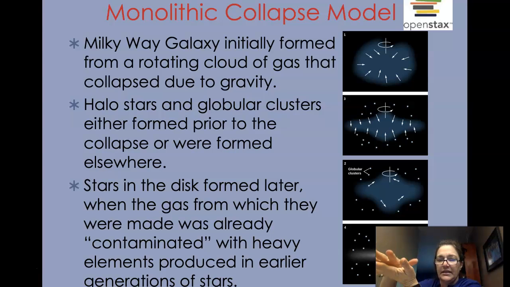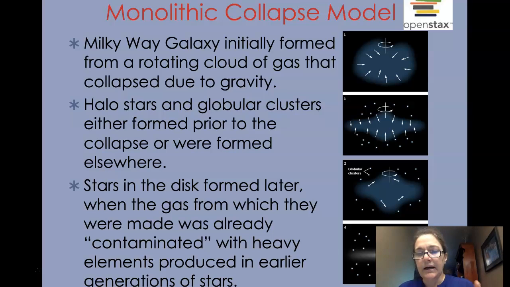And so the disk stars formed later as the cloud collapsed enough to have density mostly in that disk. And they also were contaminated by the heavy metals from the first generation of stars in the disk.